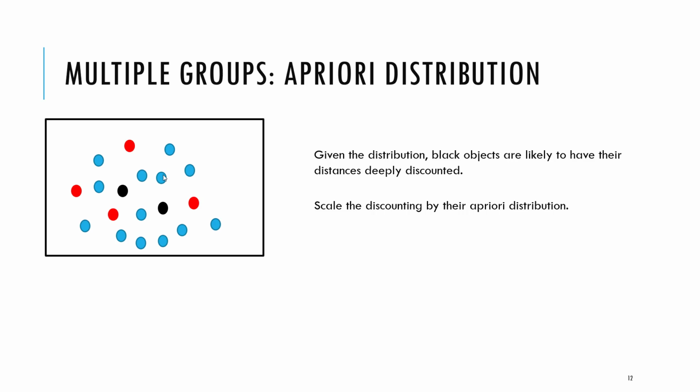So given the distribution, the black objects are only a very small fraction of the entire population, so their k nearest neighbor distances would get deeply discounted. We don't want to do that. We want to discount it only appropriately. So we scale the discounting by their a priori distribution. So we'll look at how to do that in terms of a formula, but the details are in the paper.